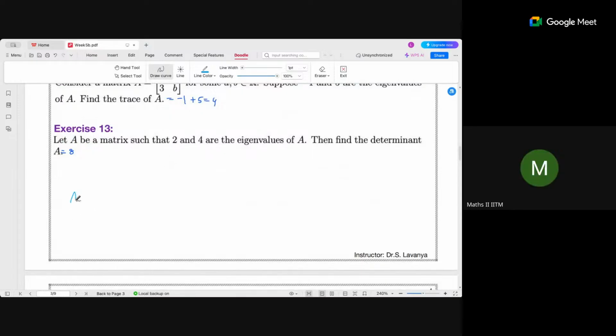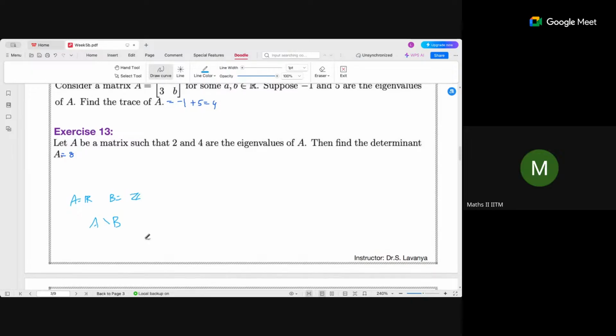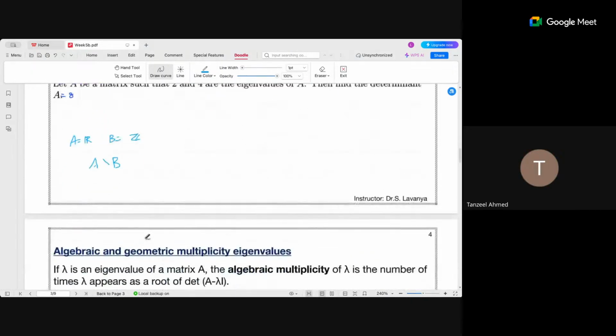For example, if A is the set of real numbers and B is maybe the set of all integers, Z, then I am considering all real numbers which are not integers, A minus Z. So this definition is valid with the set minus. Okay, fine. Okay, thank you.